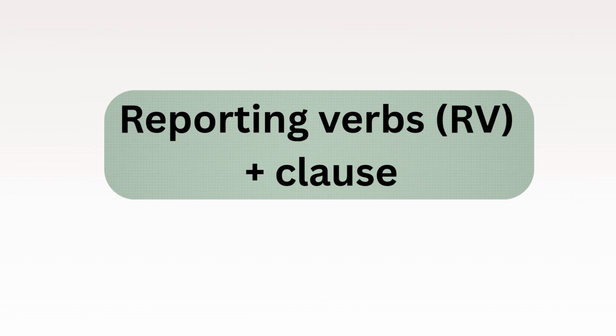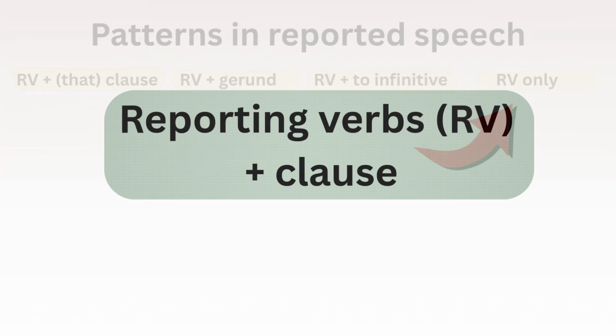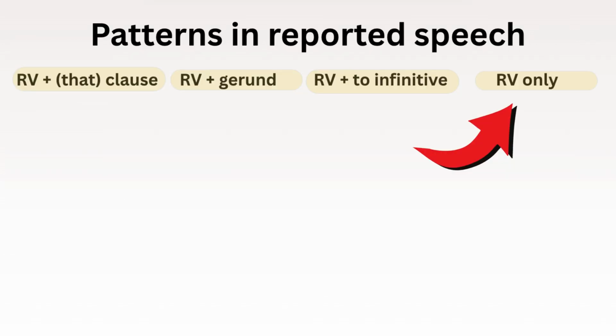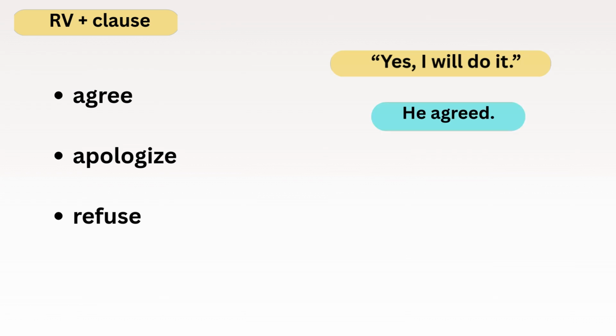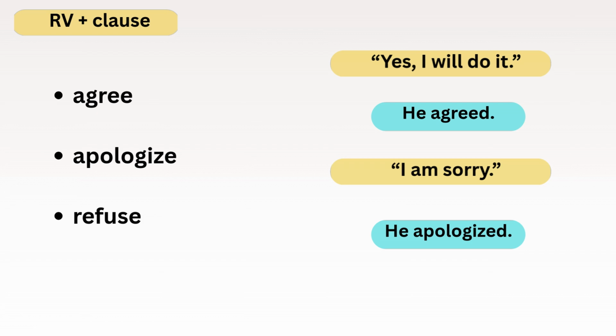Remember that sometimes we can use only reporting verbs and that's enough because they bear the meaning of the sentence. Let's have a look at those. These verbs are agree, apologize, refuse, the most often used. For example, yes, I will do it. He agreed. I am sorry. He apologized. And when you hear it, that's quite enough to understand what the speaker said.